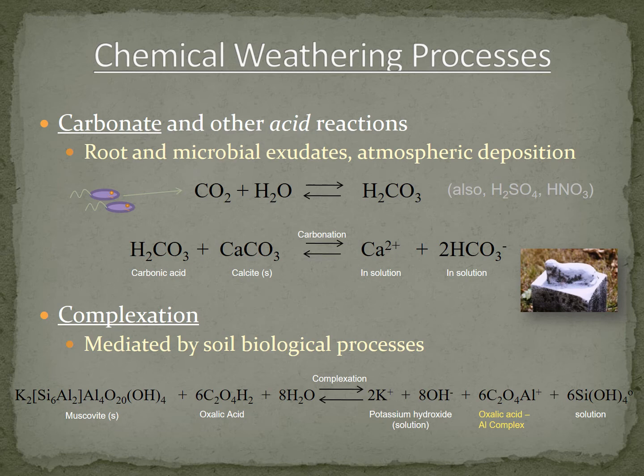Chemical weathering processes also include where we add carbonate and other acid reactions. So in root and microbial exudates, atmospheric deposition essentially melts, or in other cases brings things together. But in this case, it's really melting something down. And so we see this in older limestone based graveyard structures.